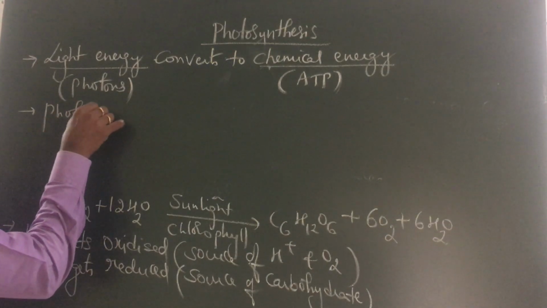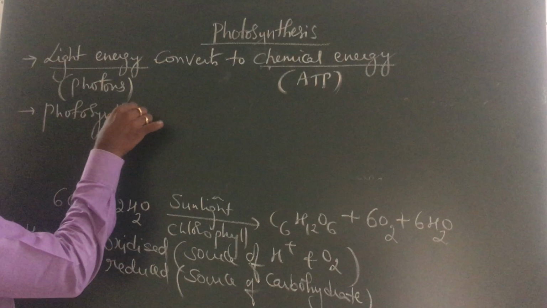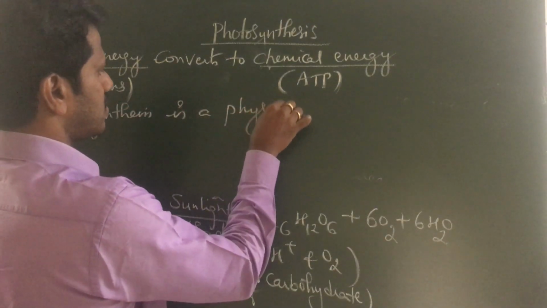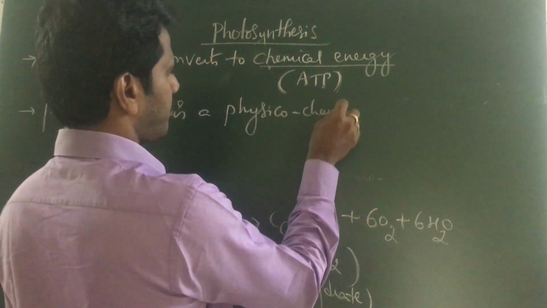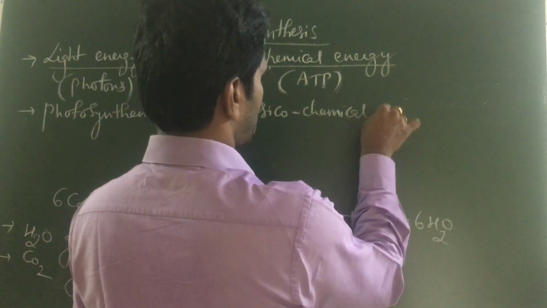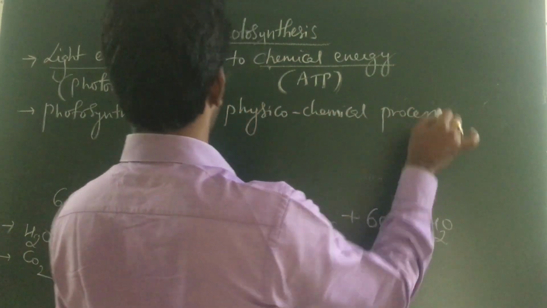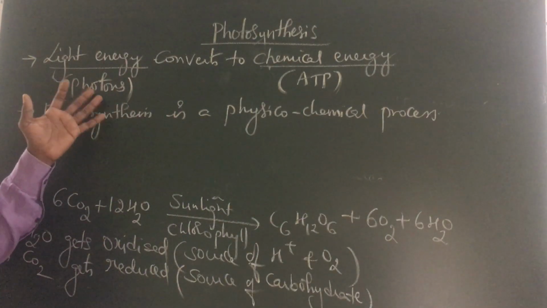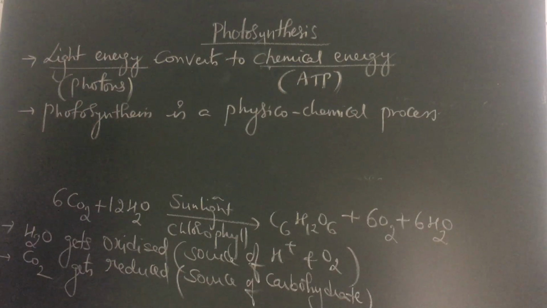Therefore photosynthesis is a physico-chemical process. As it is converting the light energy, photons, to chemical energy, it is a physico-chemical process.